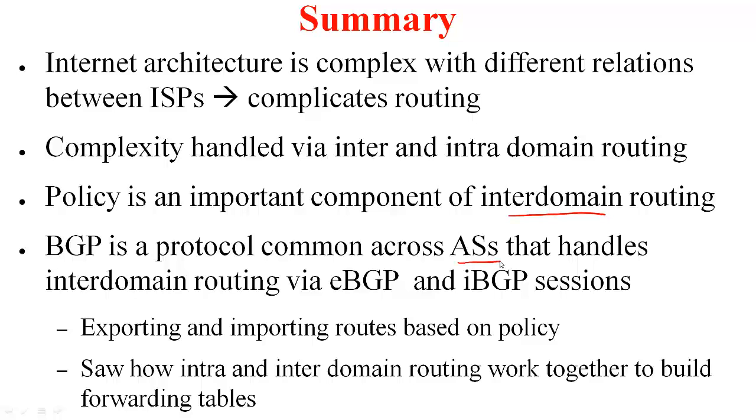This is common across all the autonomous systems, and this is managed via eBGP and iBGP sessions. How you export and how you import rules are all based on the relationship between the ISPs, and we also saw how the intra and inter-domain routing work together to build forwarding tables. A big round of applause. We have finished the network layer.